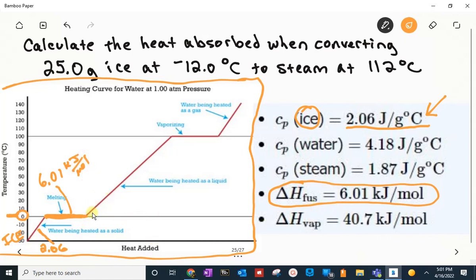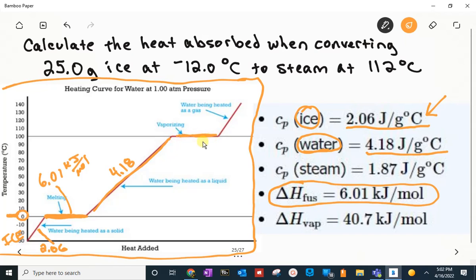And then once it finishes melting, then it goes up, and while it's in its water phase, you look on the chart to give you the specific heat of water when it's in its water phase, and that's 4.18. So this entire thing is going to be 4.18 until it gets up to 100 degrees Celsius and it starts vaporizing.